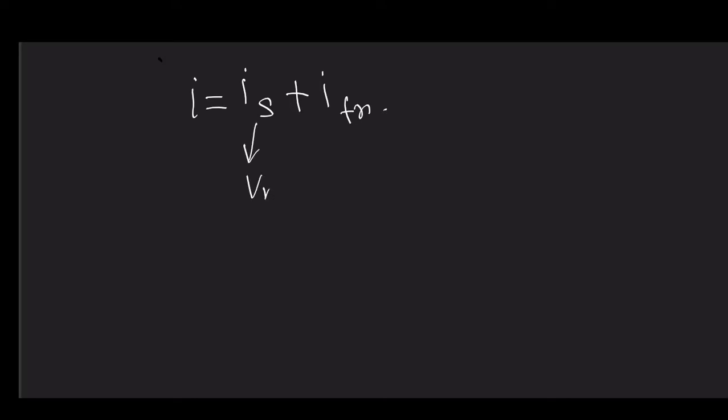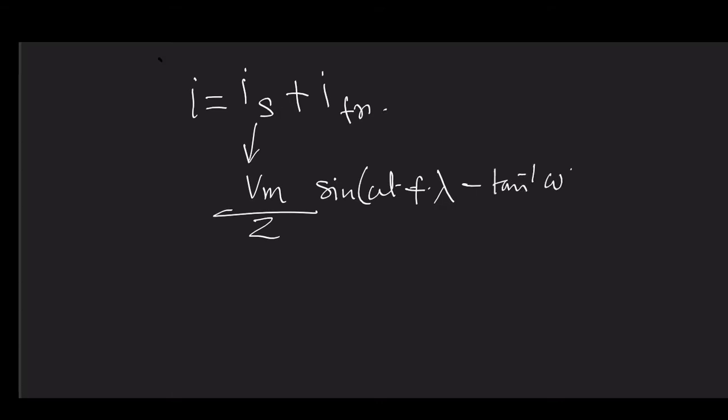I_S is Vm by Z, then sin(omega t plus lambda minus tan inverse omega L by R). What is lambda? Lambda is the instant of switching. This is your I_S. What is the value of i at 0 minus? It is 0. So what you can conclude? It will still remain 0.